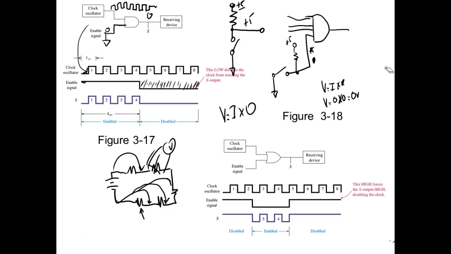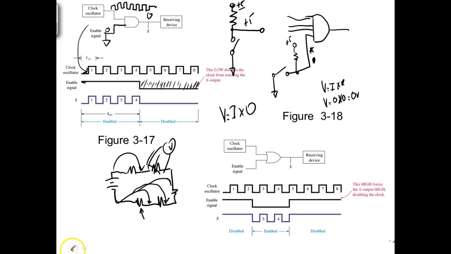So this is what they're trying to show us. Here they're using a 2-input AND gate, but we can use as many inputs as I want, or as available, and I can use one of them to either enable it or disable it. So right here, they're saying, if I put this 0 on this input, even though I'm putting a clock on that input, the output is going to be low.